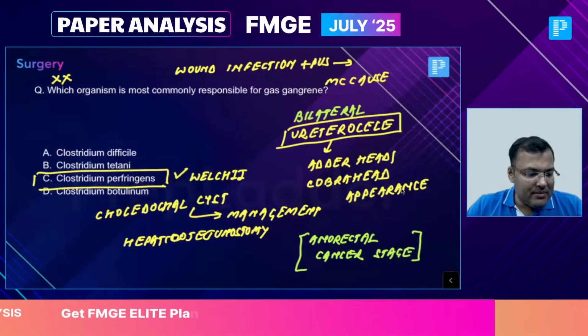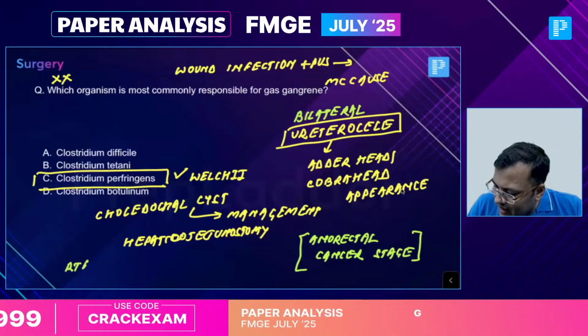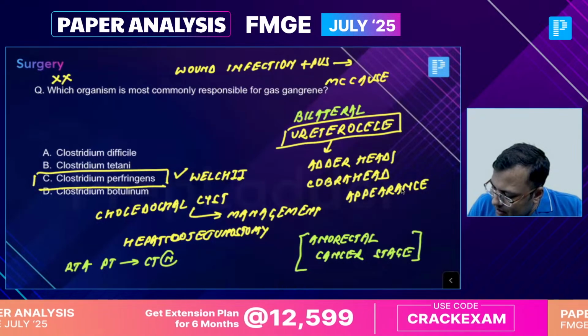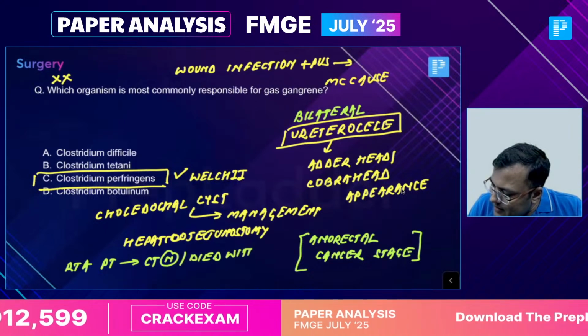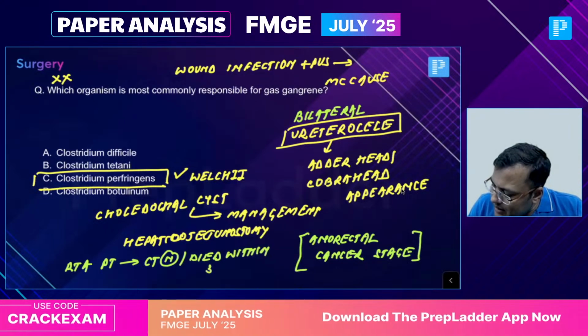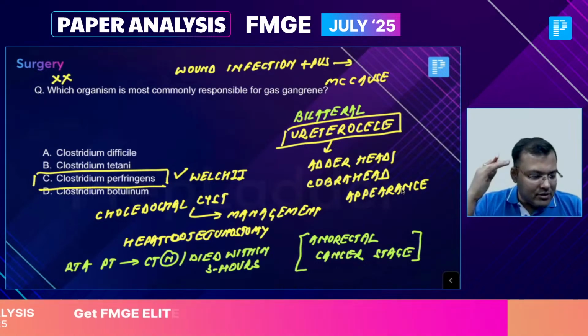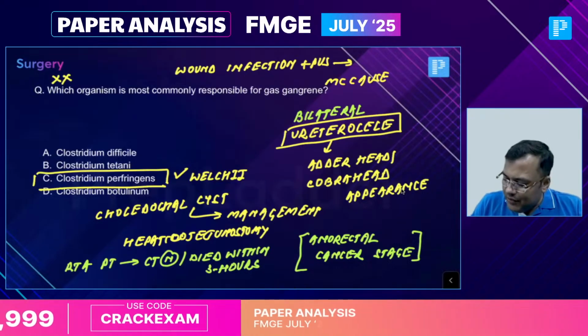Mahendra Barfa: RTA patient, CT brain normal and died within 3 hours. RTA patient, CT is normal, died within 3 hours. NCCT was normal, died within 3 hours. Yes, very good. Diffuse axonal injuries.